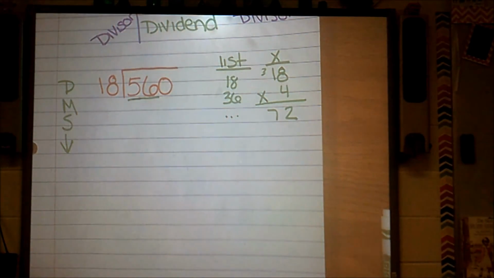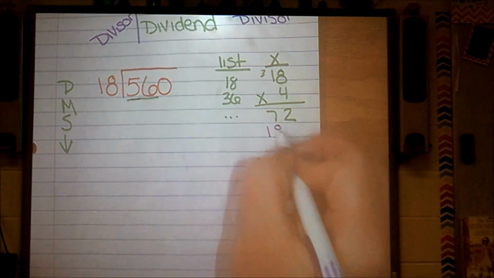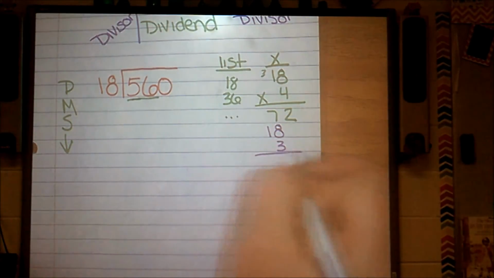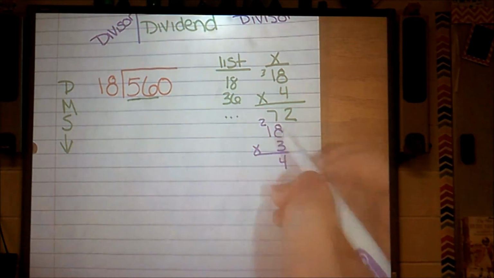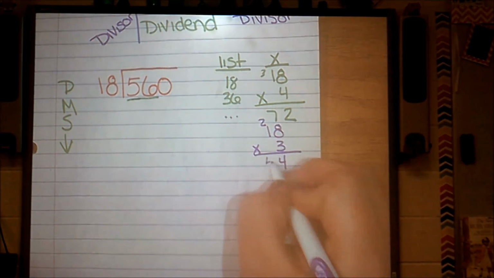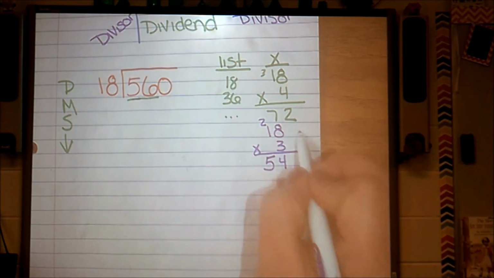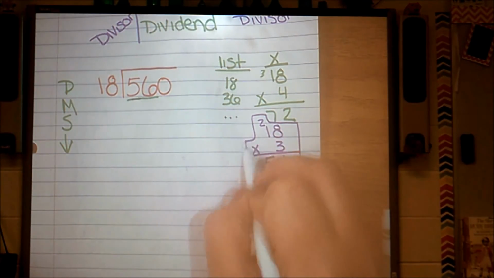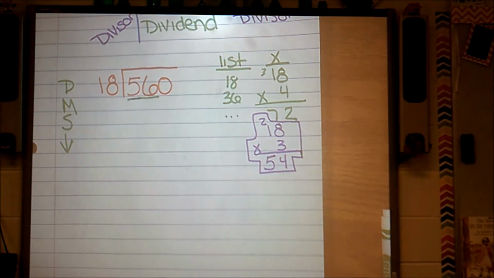Let's try 3. 18 times 3. 8 times 3 is 24. 3 times 1 is 3, plus 2 is 5. Oh, that is very close. I think we have a winner, winner, chicken dinner.